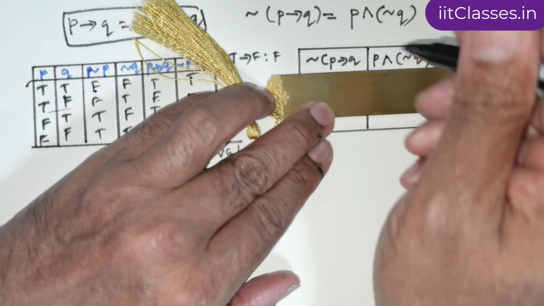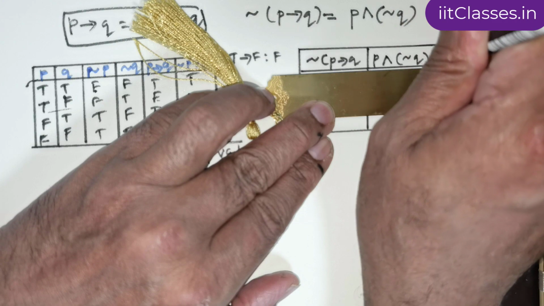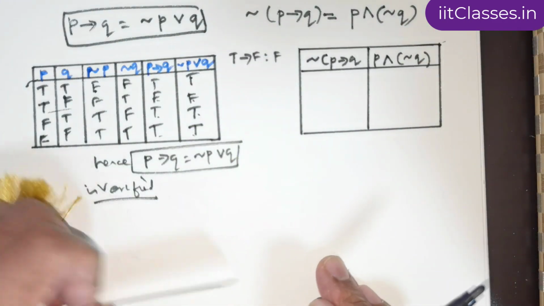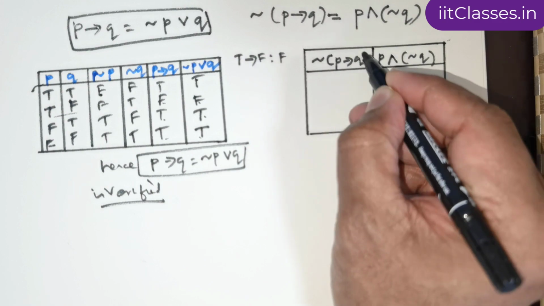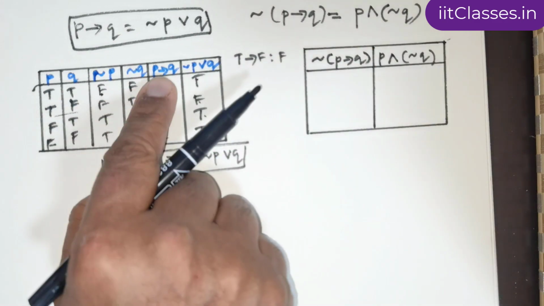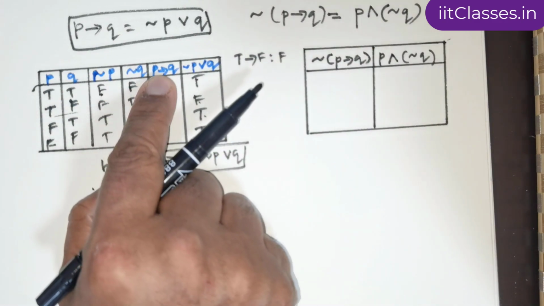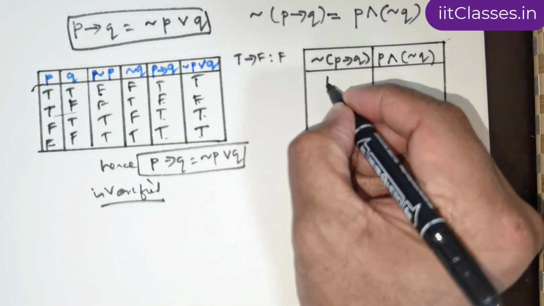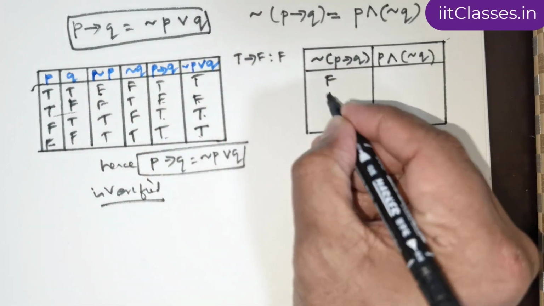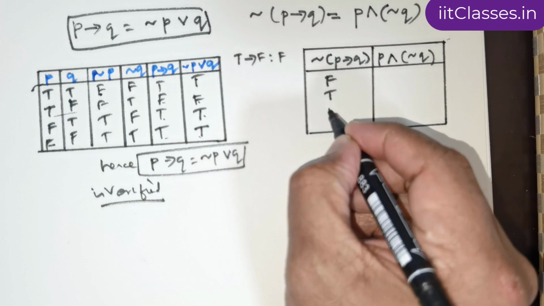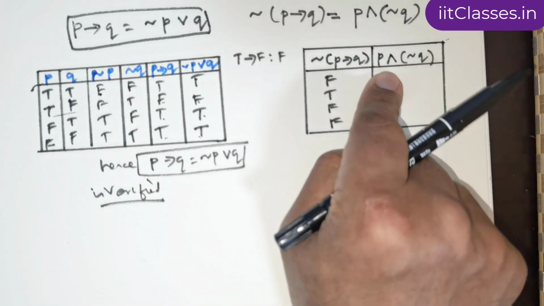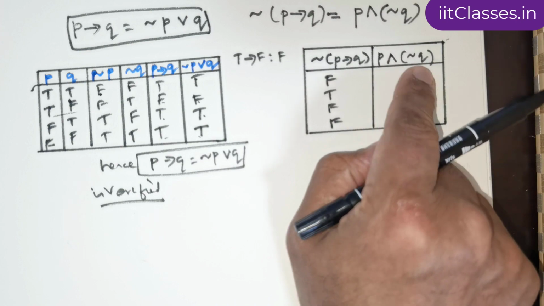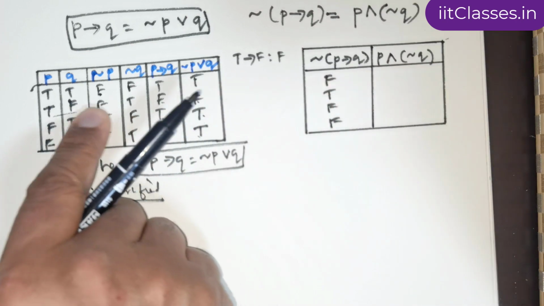So nothing in life is wasted. Okay, so let me just perform this. This is nothing but negation of P conditional Q. So where is P conditional Q? Over here. Negation of T is F, negation of F is T, negation of T is F, negation of T is F. Fine. Now P conjunction with negation of Q. Where is P?